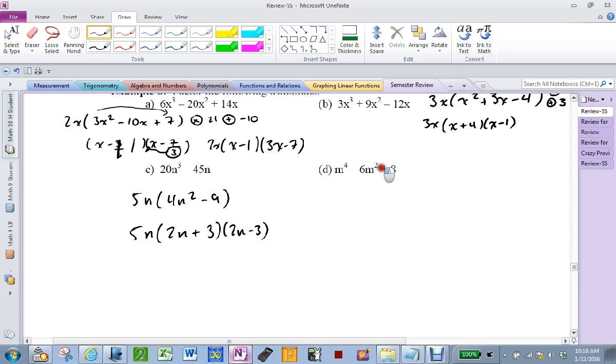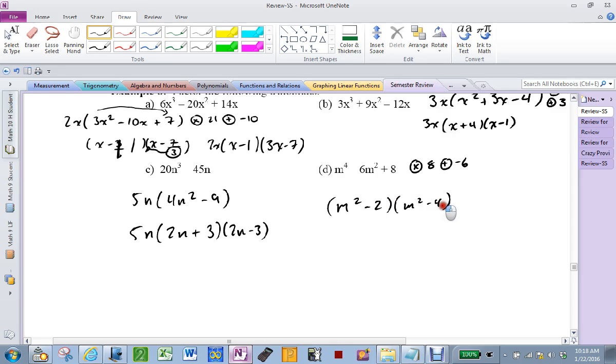It's a trinomial. It doesn't begin with squared, and there's no GCF. So it's m squared, and I got to multiply it to 8 and add to negative 6. What is it? 4 and 2. Negative 4, negative 2, right? m squared minus 2, m squared minus 4. Choice A. Is it right?